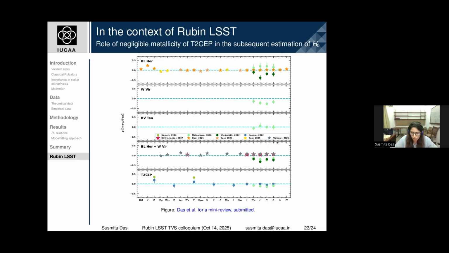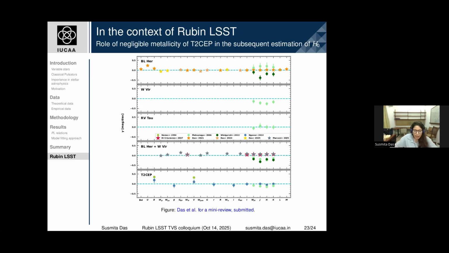Now I would like to highlight that for W Virginis and RV Tauri, there needs to be more study. Other than that, we also need spectroscopic metallicities. But in the context of Rubin-LSST, what is most important is that we expect many more type 2 Cepheids to be discovered.